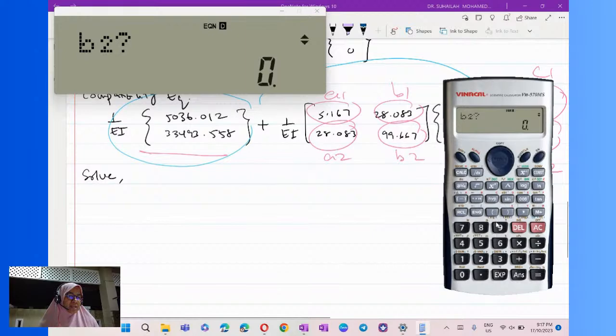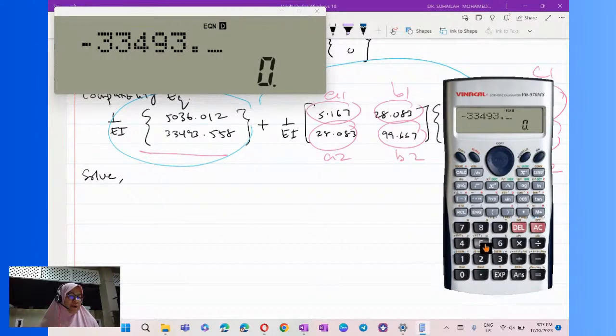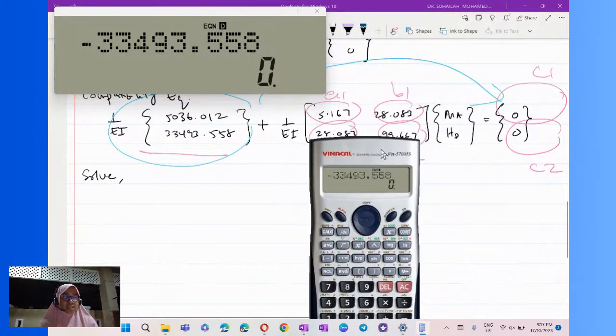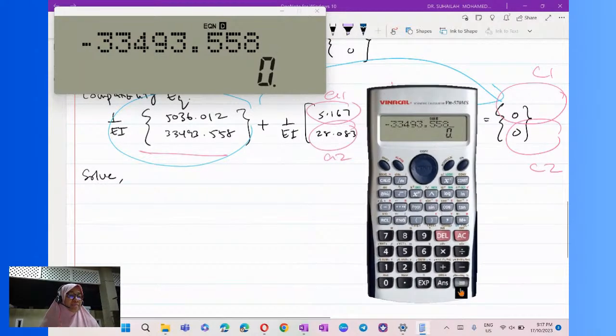B2 is 99.667 and C2 is negative 33493.558. It is negative because 0 minus. We bring to the other side, so it is 0 minus. So that's why we get negative.